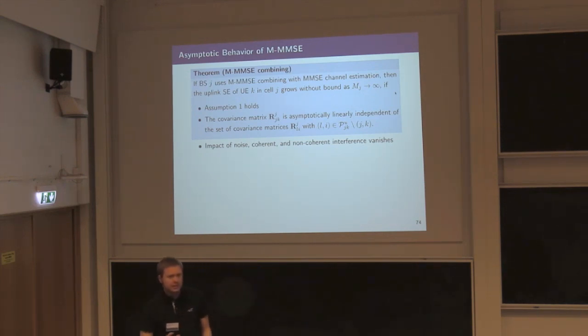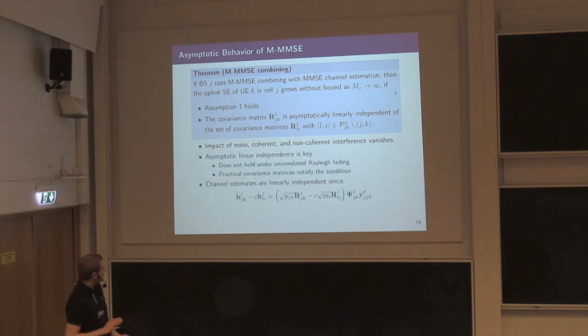And the reason for this is the following. If your covariance matrices are asymptotically linearly independent, well, then if you take one estimate minus a constant times the other estimate, you can write it in this form. This part was the same as we looked at before, the received pilot signal multiplied with your pilot signal.